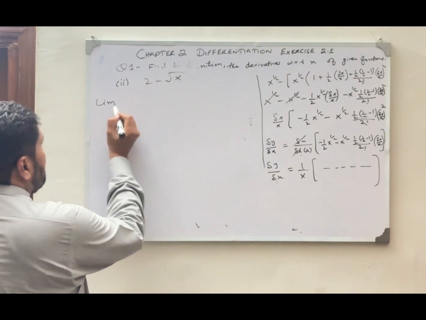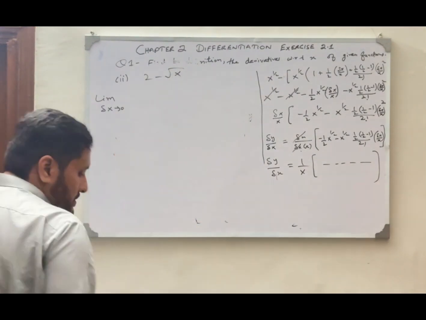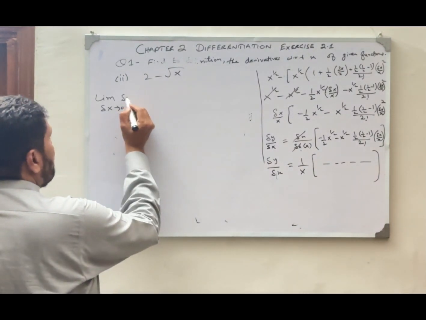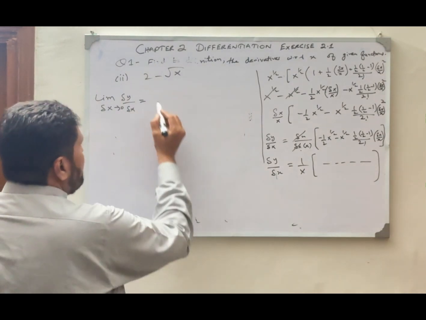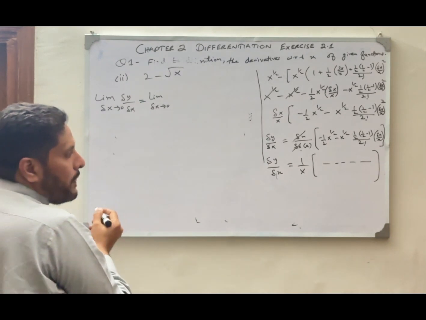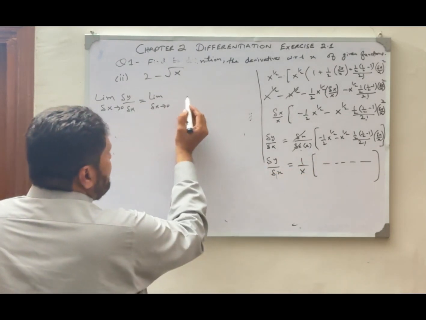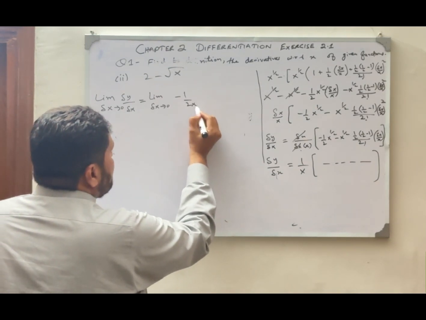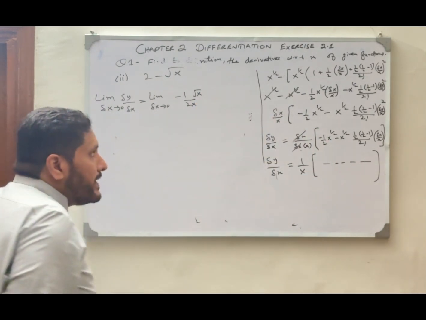So limit delta x approaches 0 on this side, we have delta y by delta x. This is equal to limit delta x approaches 0, and this first term will become minus 1 by 2 x, and this x power 1/2 will become square root of x.